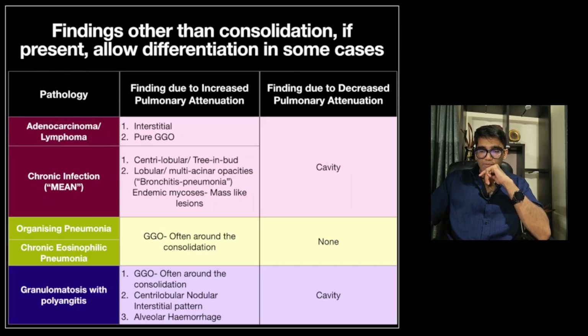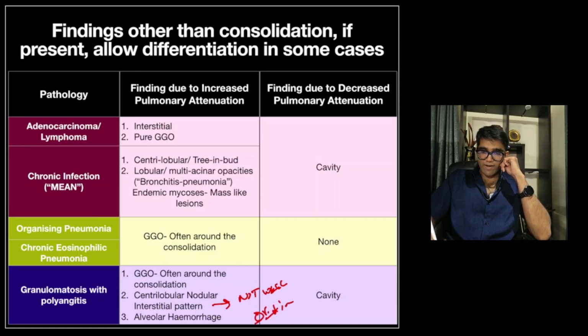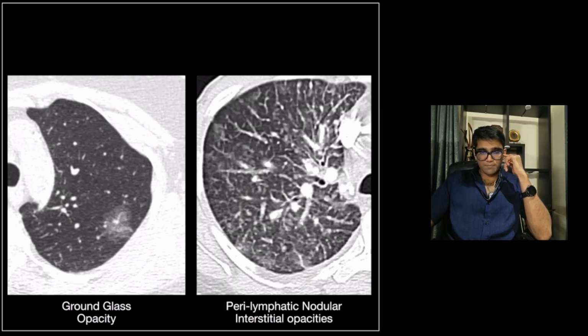GPA would have some very interesting findings that we'll get into now. So that includes a centrilobular nodular interstitial opacity, but this would not be well defined. These would be ill-defined centrilobular opacities. There may be features of alveolar hemorrhage, and there may be ground glass opacities.